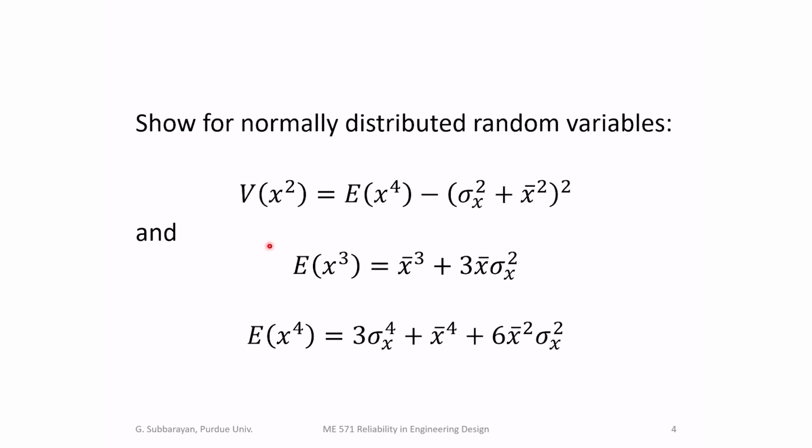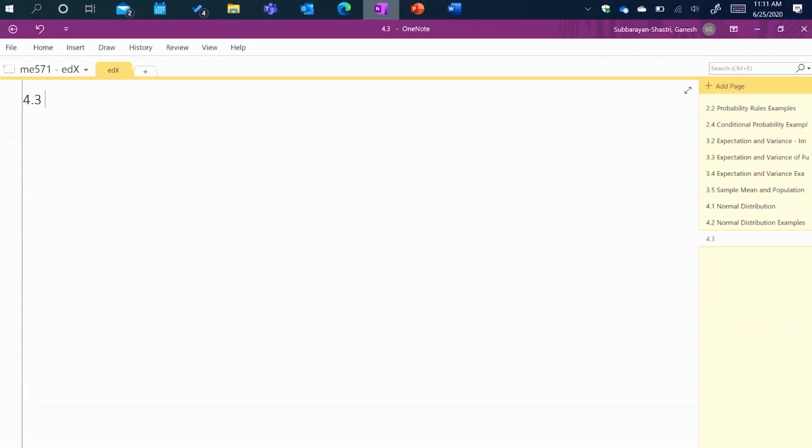I'll briefly explain how this formula comes about, and I will give you a handout that shows the derivation in greater detail. So I'll briefly motivate this formula and illustrate the challenge of calculating the variance of higher powers.